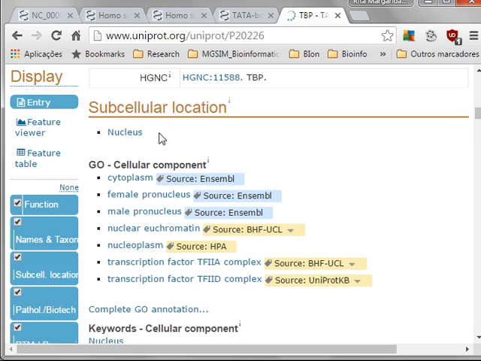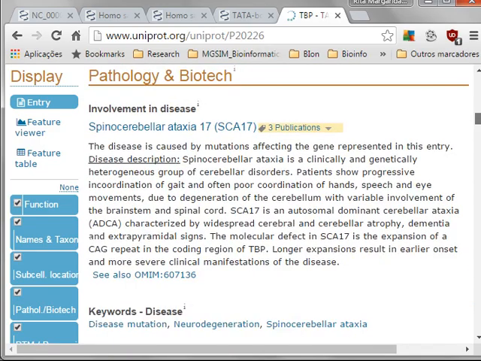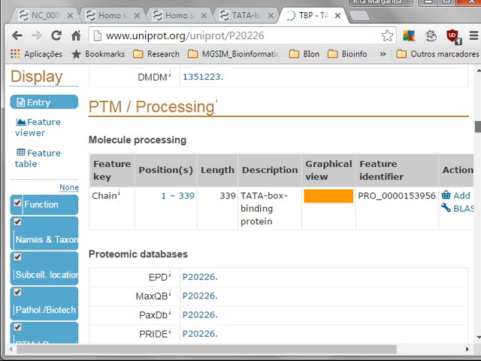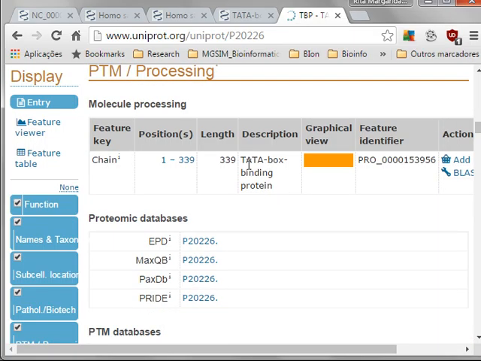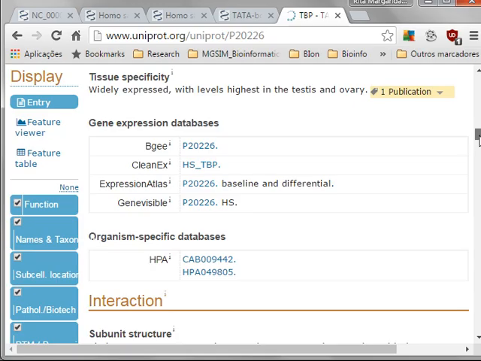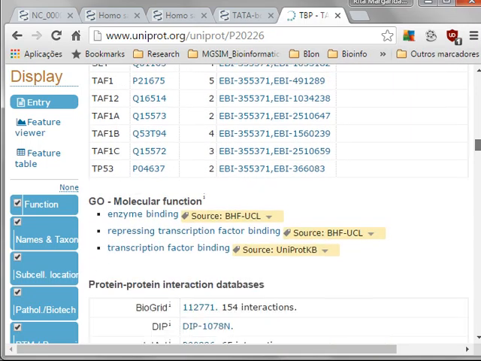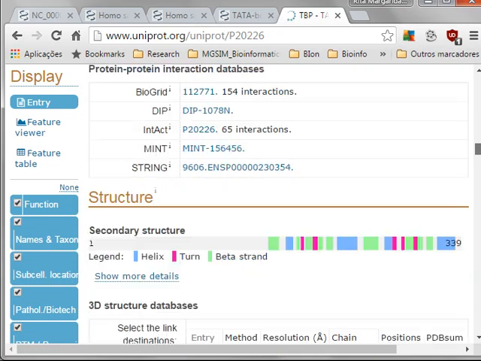It is located in the nucleus, so the gene ontology identifies this protein as belonging to the nucleoplasm. It is related to some kinds of diseases, and it has a chain that is responsible for TATA box binding protein. And the TATA box is a sequence in the genes.